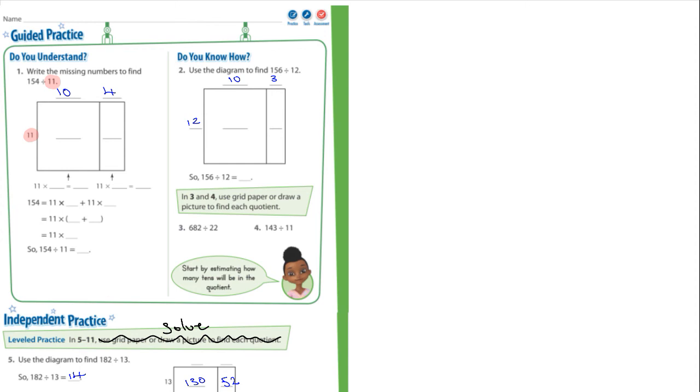What's 11 times 10? If I needed to figure out just this area right here, it's 110. Okay. So what's 11 times 4? 44. That was pretty easy. You guys can just put an X through that.